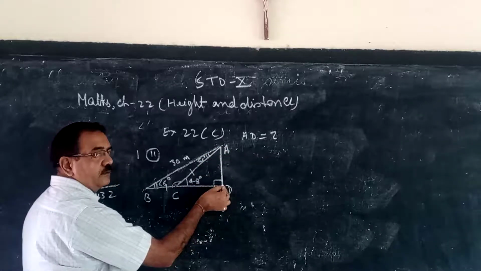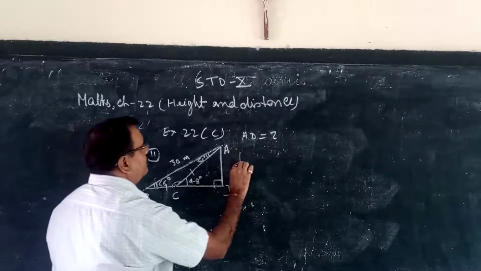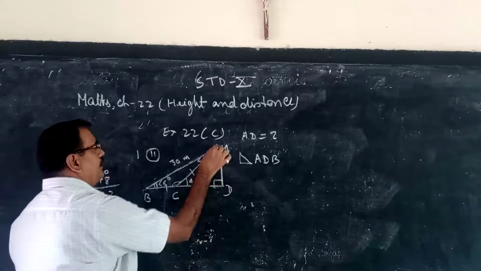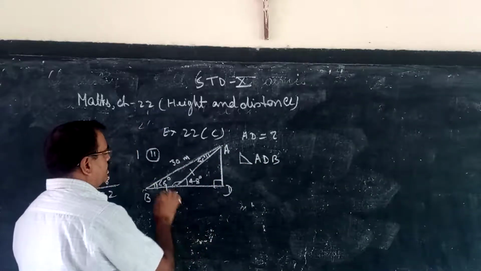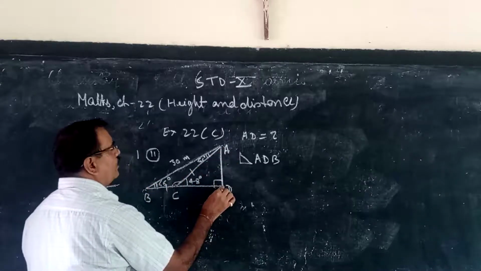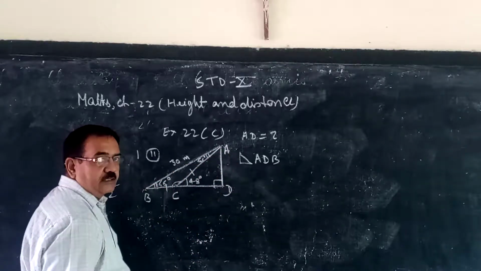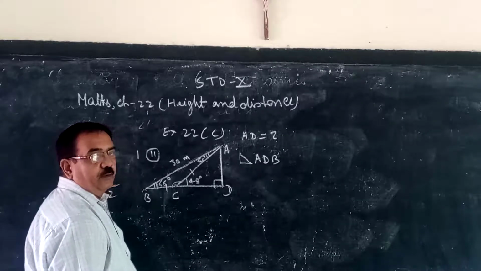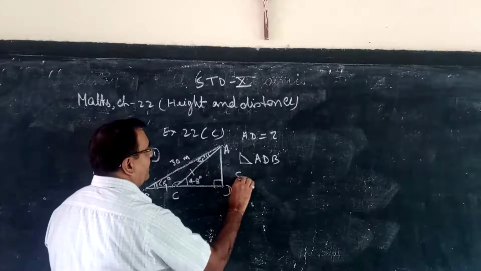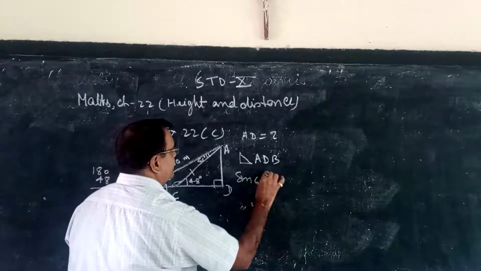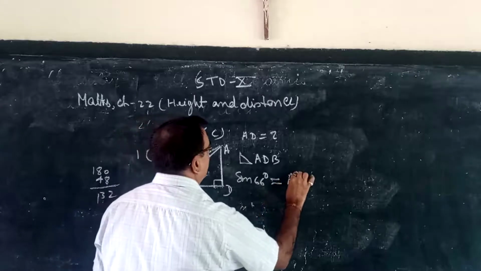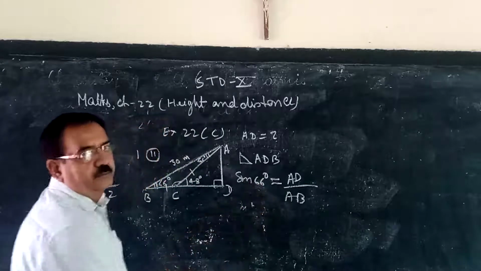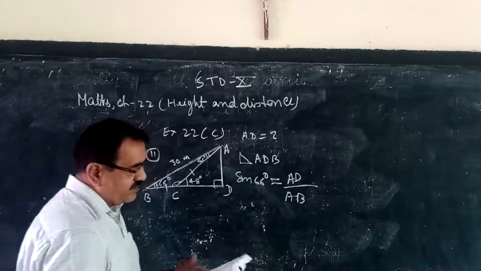Find out AD. Which formula will you use? In triangle ADB, since we have to find AD and AB is given, when we take this angle, AD is the perpendicular and AB is the hypotenuse. Perpendicular and hypotenuse come in which trigonometric ratio? Sine. So sine 66 degree is equal to AD by AB. Now we will see from the table the value of sine 66 degree.